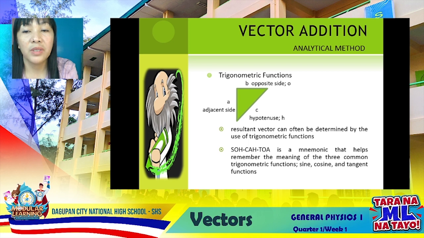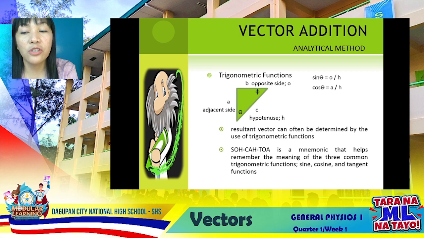The sine function relates the measure of an acute angle to the ratio of the length of the side opposite the angle to the length of the hypotenuse, operationally defined as sine theta equals opposite divided by hypotenuse. The cosine function relates the measure of an acute angle to the ratio of the length of the side adjacent to the angle to the length of the hypotenuse.